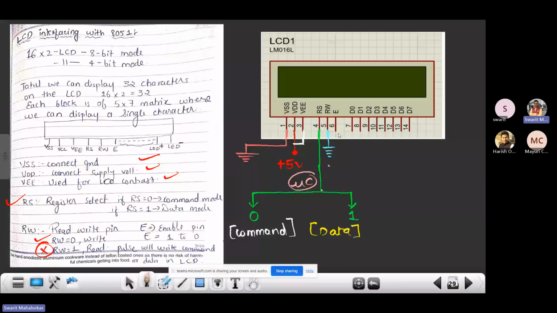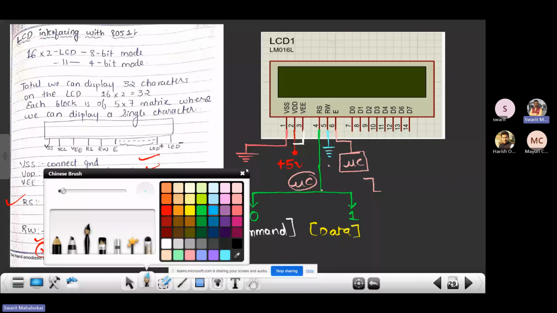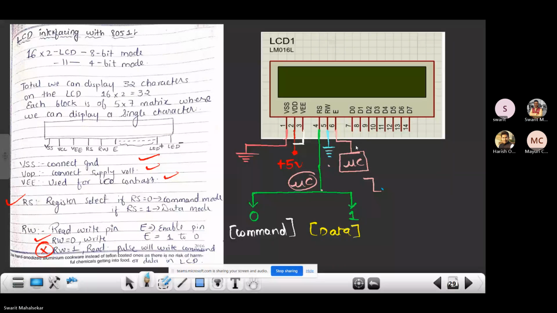I'm going to connect this particular pin as well to the microcontroller. So whenever this particular pin gets 1 to 0, that means a high to low pulse, the LCD will be getting the commands or data, and these are basically the data lines through which we are going to send the data or commands. So these are my 8-bit data lines.